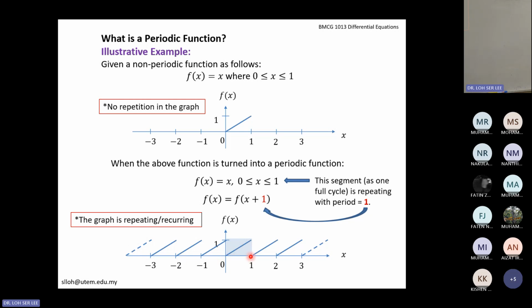Everything copied from this interval, you paste on this interval, which is also 1 unit. So this is a periodic graph, and it is called a periodic function because the graph is repeating or recurring.